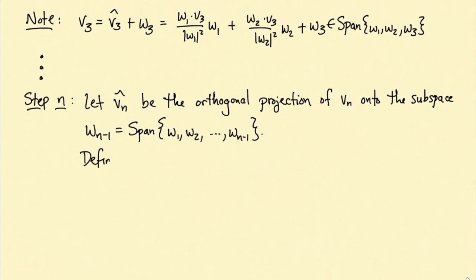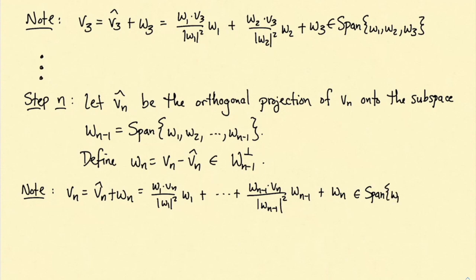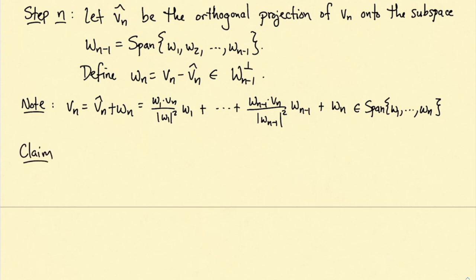We define Wn to be the vector Vn minus Vn hat, which again lies in the orthogonal complement of that subspace. As before, we note that we can write Vn as Vn hat plus Wn, which is of course an element of the span of W1, W2, all the way down to Wn. At this point, we have created n vectors, and we claim that these vectors form a basis for V.